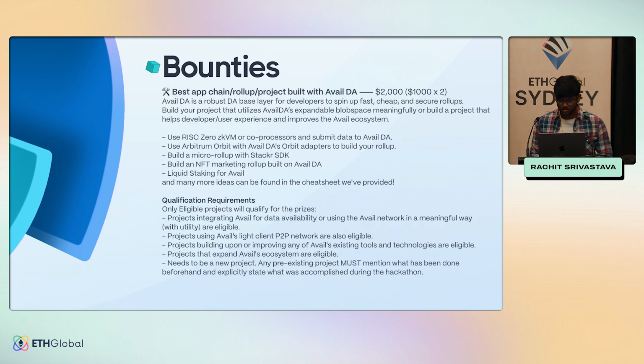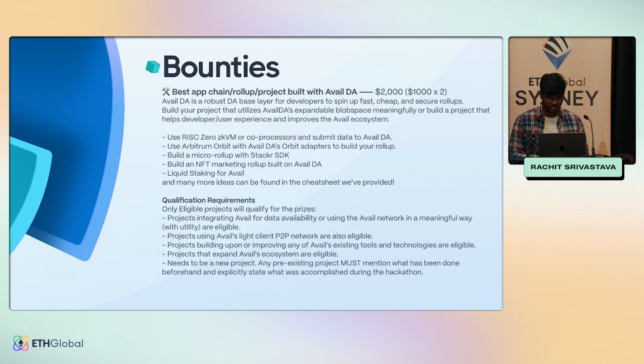The second one is that you build a chain, rollup, or anything which will use Avail as the data availability layer for your product. Some example use cases can be a RISC0 ZK VM, which you can use and then submit all of the data on Avail. You can build a liquid staking for Avail. You can build a micro rollup if anybody of you has used Stacker.